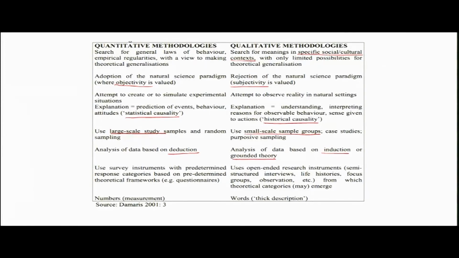Given the nature of quantitative research principles, the use of survey instruments is probably one of the most effective ways to collect data. For qualitative research, open-ended research questions or open-ended research tools, which basically comprise semi-structured interviews, are the most effective ones.